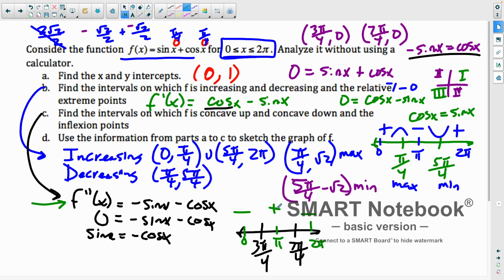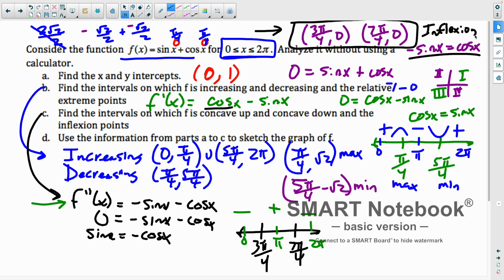Typically, I'd go back and find the y values of that. I'm not going to do that right now because I have already done that up here. So these x-intercepts are also the inflection points. So those are my inflection points.